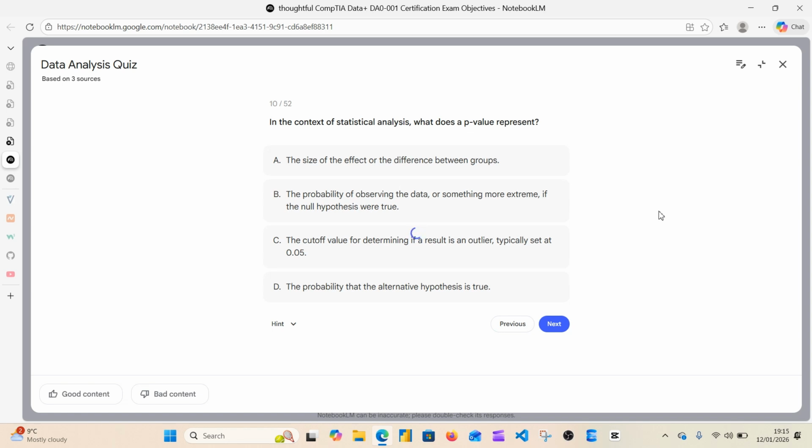C, the cutoff value for determining if a result is an outlier, typically set as 0.05. D, the probability that the alternative hypothesis is true. What does the p-value represent?